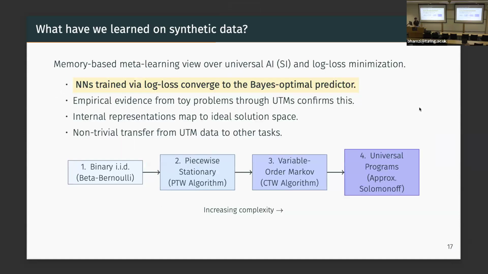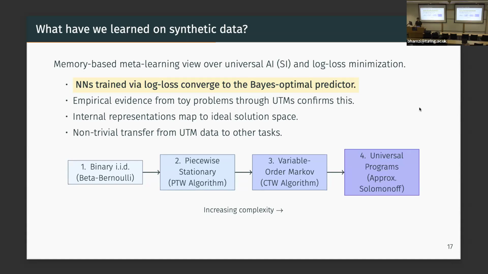Okay, so we've seen so far that on the different problems, neural networks trained by log loss definitely show a sign that they converge to the best possible Bayes optimal predictor. We've evaluated this claim on a range of problems across scales.